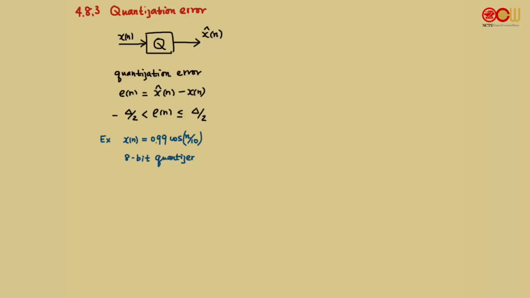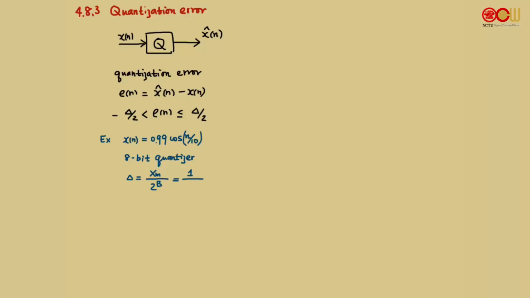In this case, delta will be Xm over 2 to the B. Suppose we use Xm to be 1.